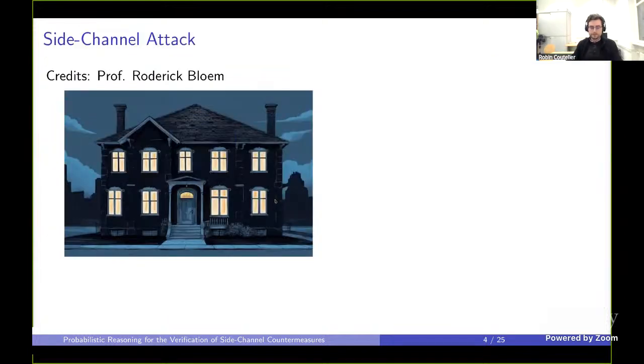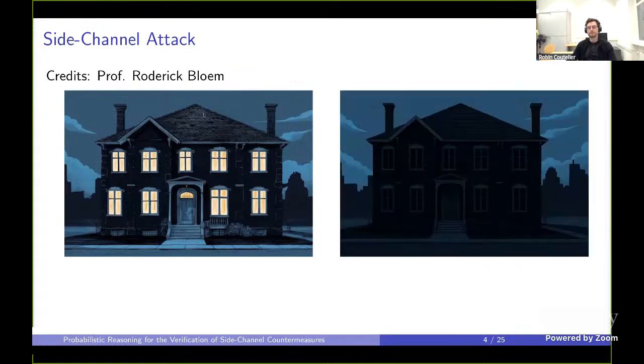Okay, so let's dive into the topic. In the title, there is this concept called side channel attacks. And I will use an analogy that Roderick Bloem presented at CAV this year. Imagine that it's like 9 p.m. and you're walking home and you see your neighbor's house looks like this. And then the next day, around the same time, it looks like this.